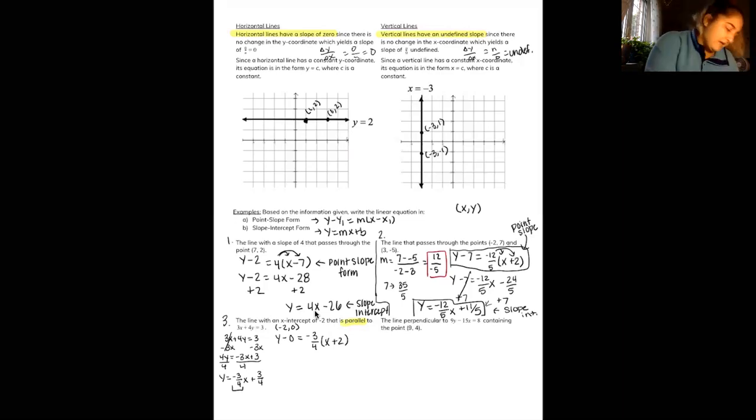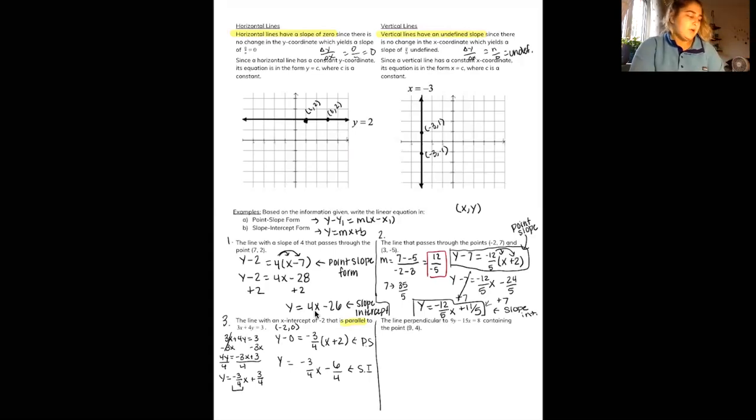I'm going to multiply everything out. So I get y equals negative 3 over 4x minus 6 over 4. And so this is our line in point slope, and this is our line in slope intercept. Okay.